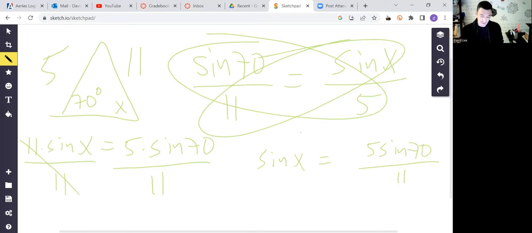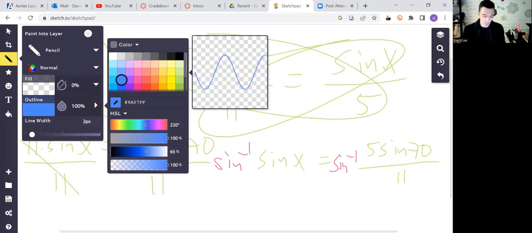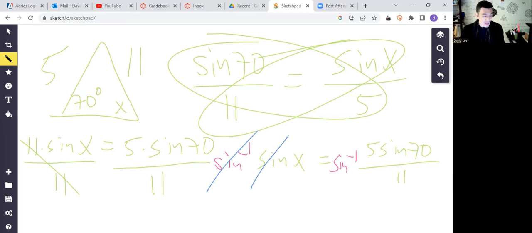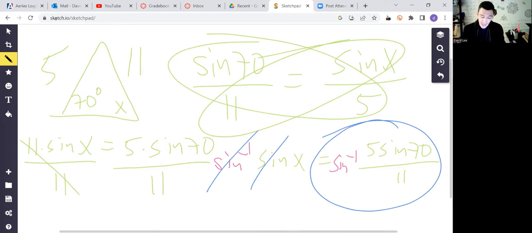So we got to get rid of sine, but you can't just cancel it. What you got to do to undo a sine is go sine inverse. Because the sine and sine inverse, whoosh, they're gone. So what you'd have to do is go to the calculator.